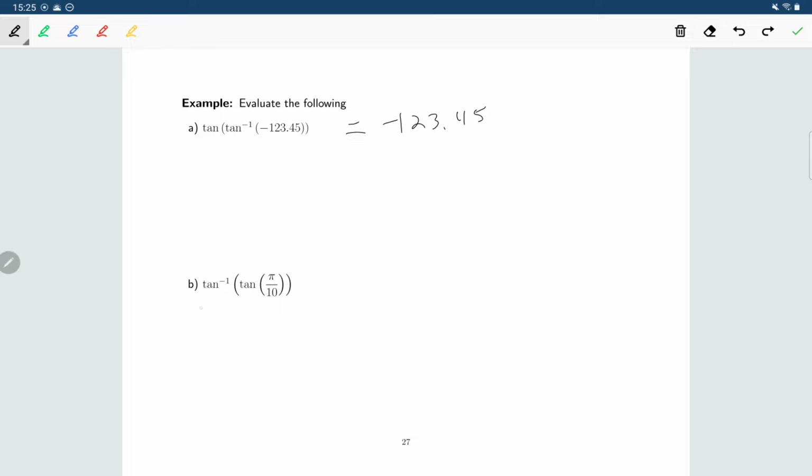If we're thinking about tangent inverse composed with tangent of pi over 10, that is in our restricted domain. Remember that the restricted domain for tangent was from negative pi over 2 to pi over 2. And so that means that tangent inverse would cancel tangent out just nicely, leaving us with pi over 10.